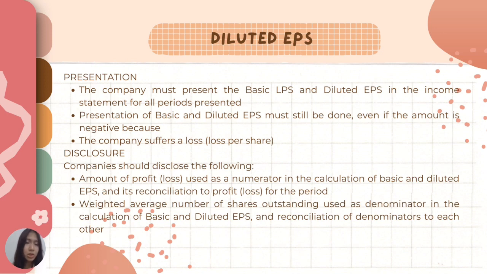For the disclosure, the company should disclose the amount of profit or loss used as a numerator in the calculation of basic and diluted EPS and its reconciliation to profit or loss for the period, and the weighted average number of shares outstanding used as the denominator in the calculation of basic and diluted EPS and the reconciliation of denominators to each other.